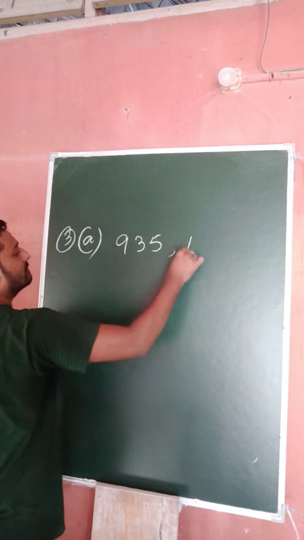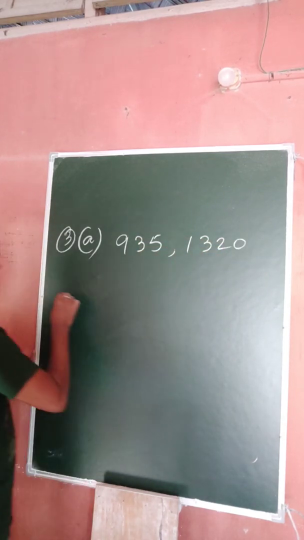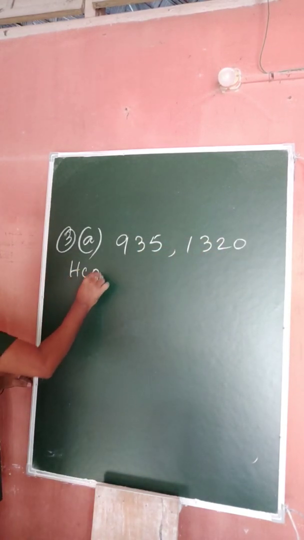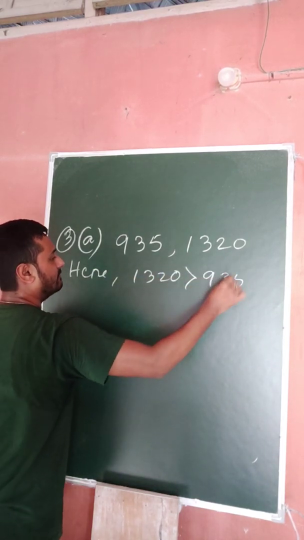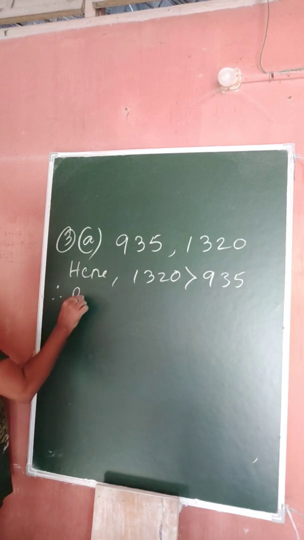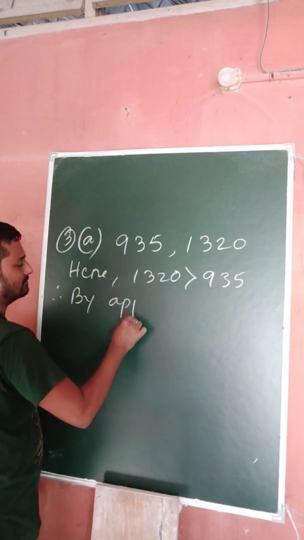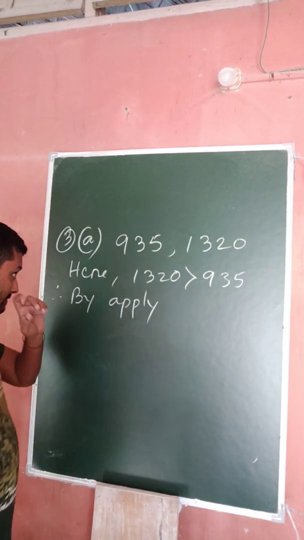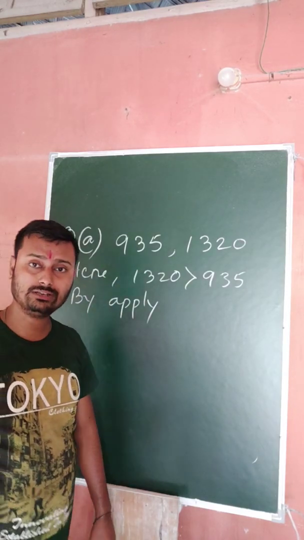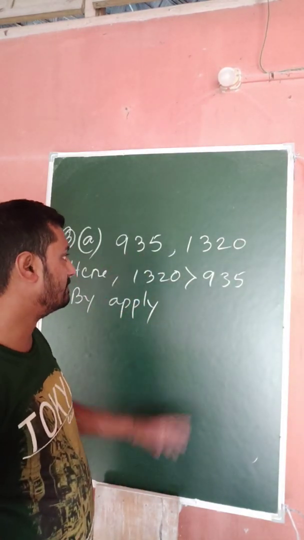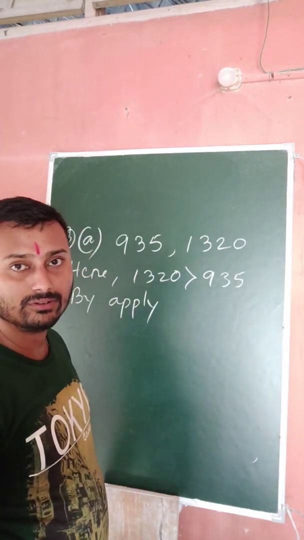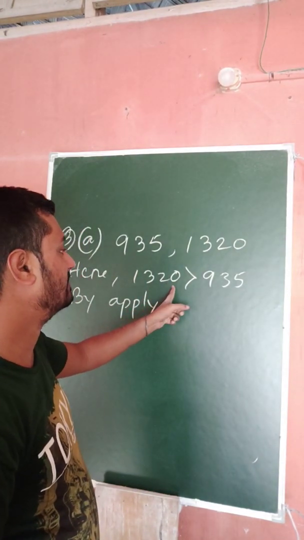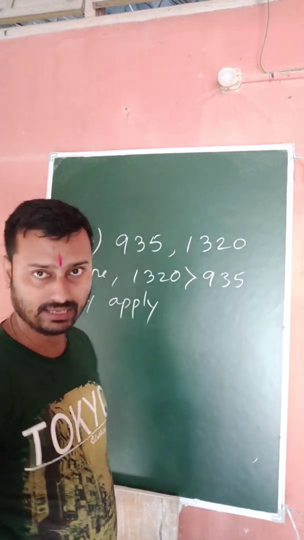Here 1320 is bigger than 935. We just check which number is bigger, and 1320 is definitely bigger. So in the first step 1320 becomes the dividend and 935 becomes the divisor.